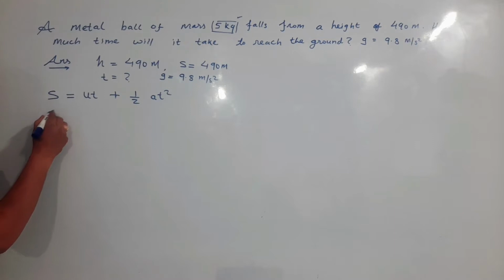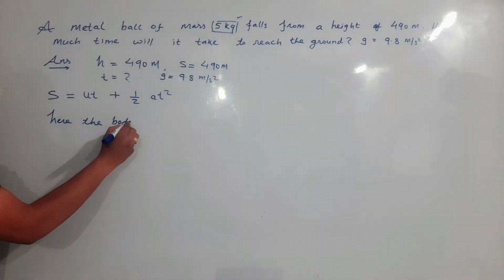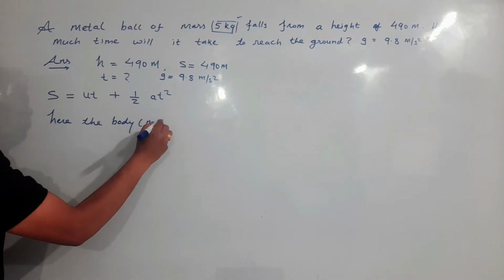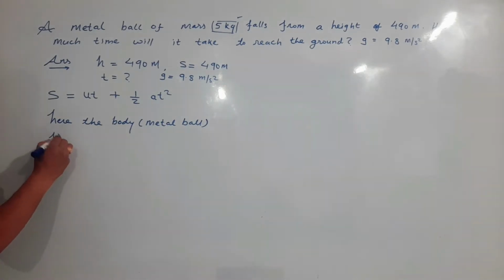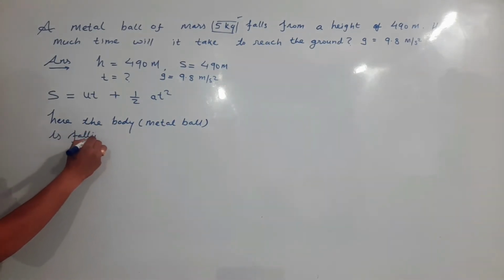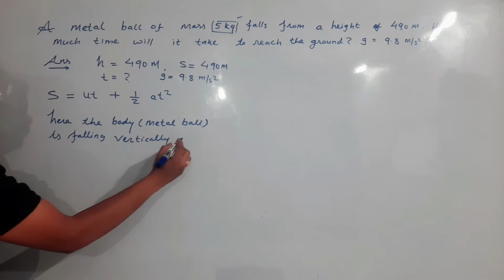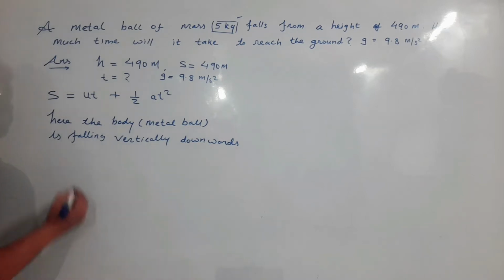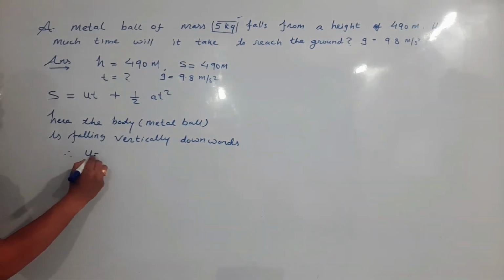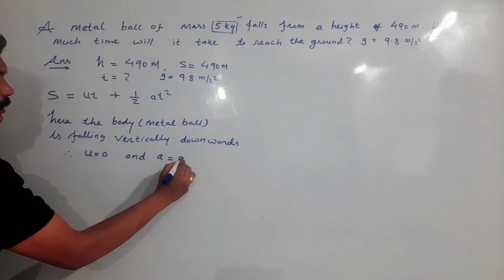But here the body, that is metal ball, is falling vertically downwards. Therefore, u will be equal to 0 and a will be equal to g.